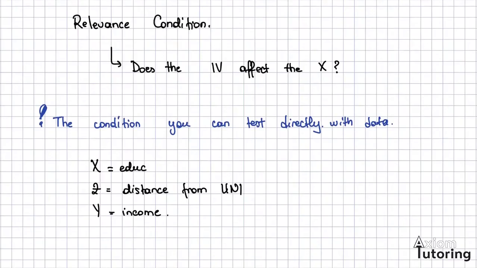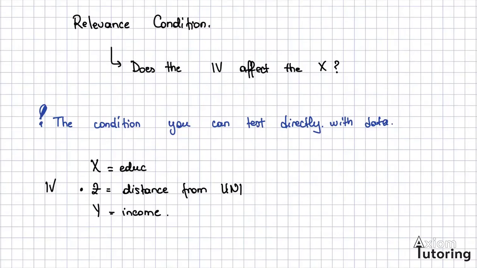For distance to work as an instrument, people who live closer must actually obtain more education. If distance has no effect on education, if people choose how much to study regardless of how far they live from a university, then distance basically tells us nothing useful about education. So it creates no clean variation, and that would make it a worthless instrument.